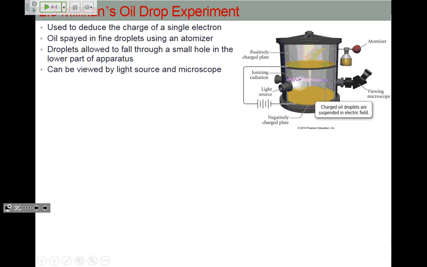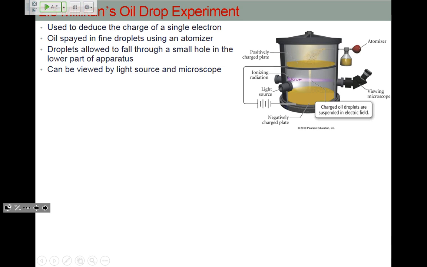Now to further understand what was going on, Millikan, another scientist, decided to do an oil drop experiment, and this is another one because he wanted to know how big these things were. He wanted to put some sort of size to them. So this is another one where we have to consider charge.